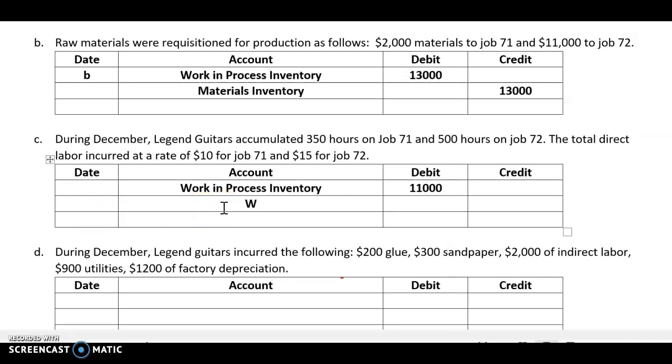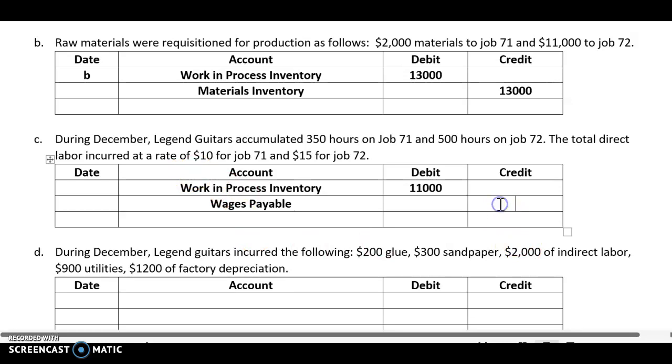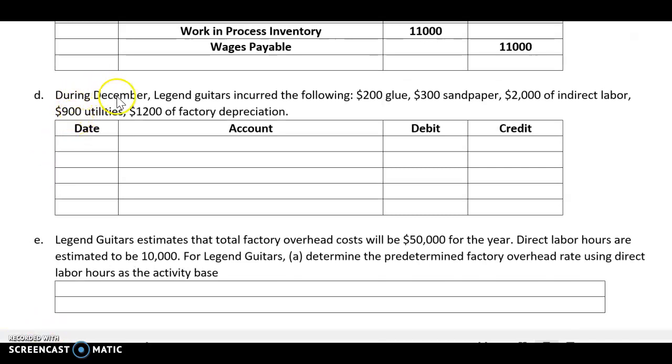And then wages payable, because I got to pay these people, so I'm going to set up a wages payable for this, showing that I owe them the wages. And again, the reason that it goes into WIP is because any kind of direct items goes straight to WIP.